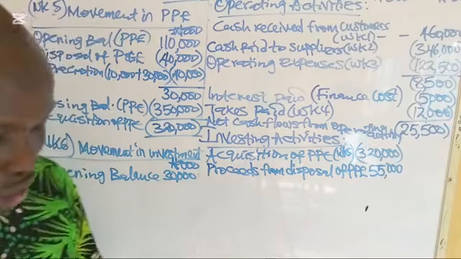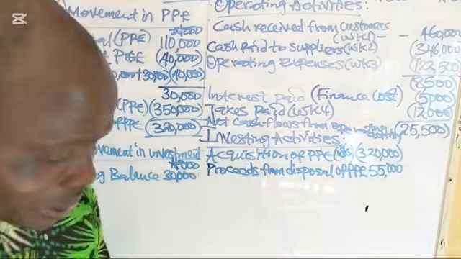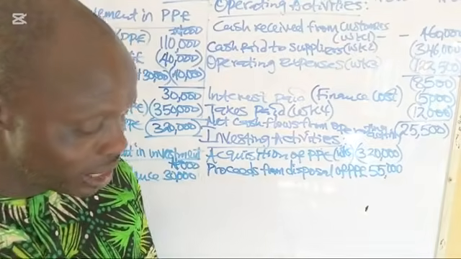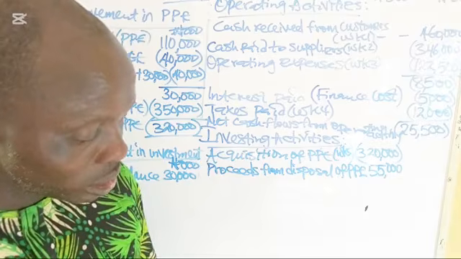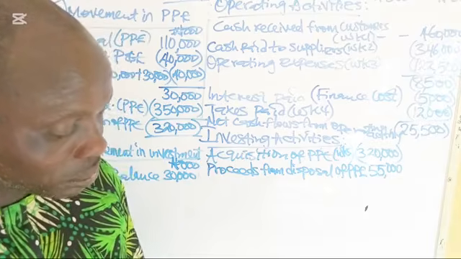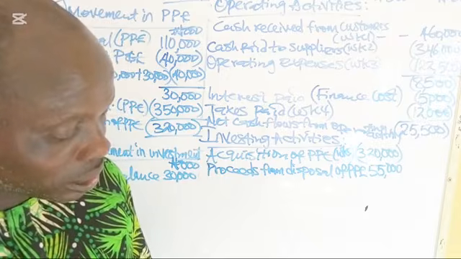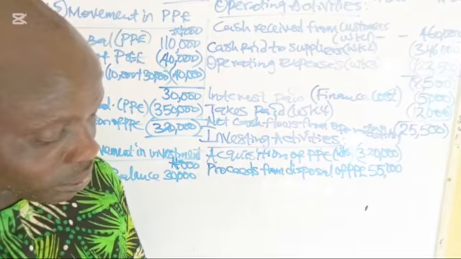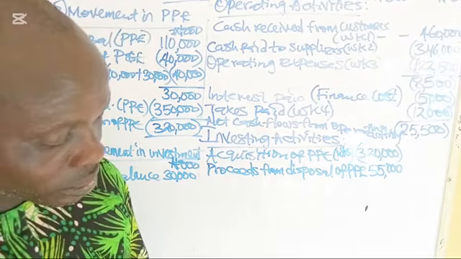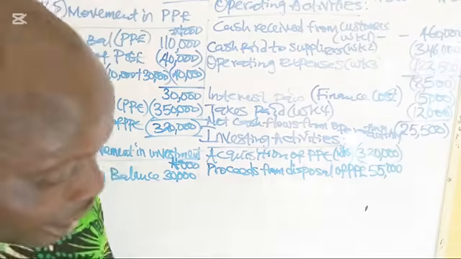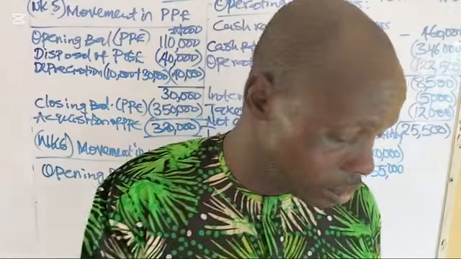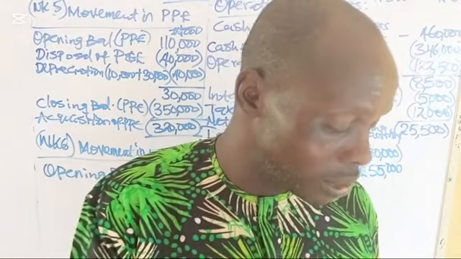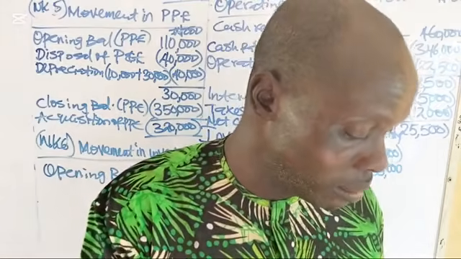Now, by virtue of the information we have in the note, which note? Note 4. Note 4: during the year, investment which cost 12.5 million some years ago was disposed for 20 million.